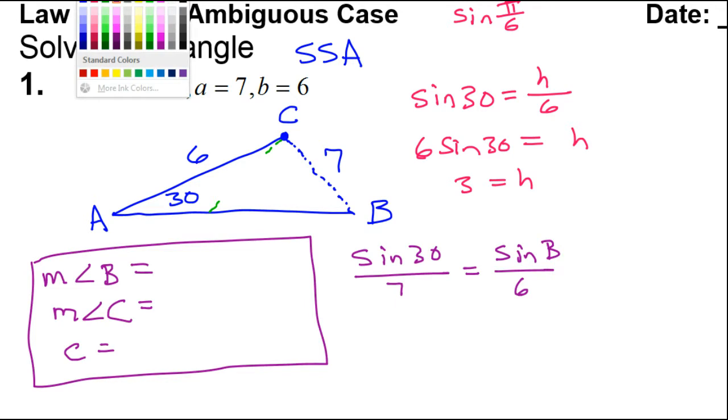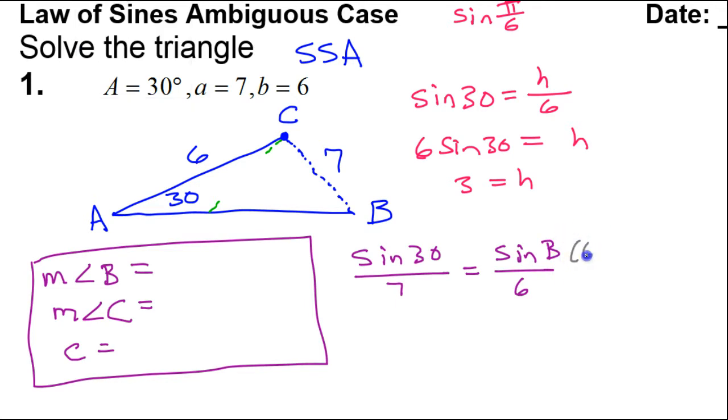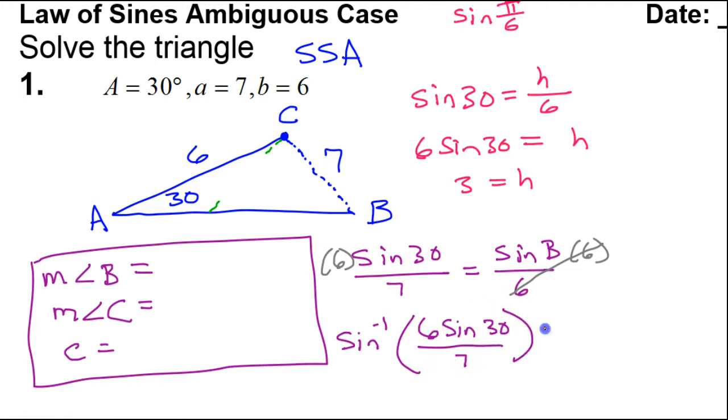I can do that by multiplying both sides by 6. That way the 6's will cancel out, and now I have the sine of B. Now if I want to find angle B, I need to do the inverse sine. So I'm going to do the inverse sine of all of this, and that should give me the measure of angle B.